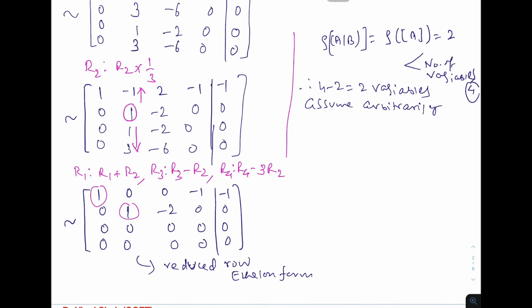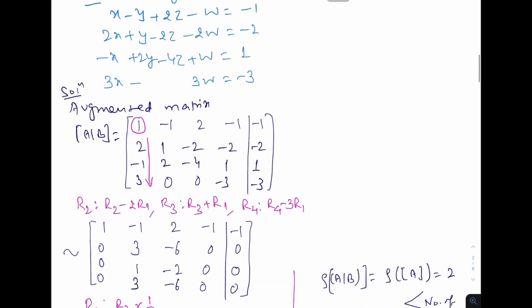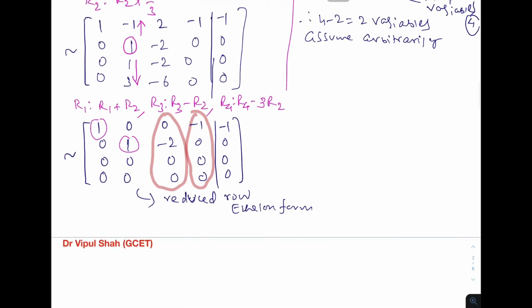Okay, so there are no leading ones in third and fourth column. That means we need to assume, say, third and fourth, so Z and W. So we need to assume this Z equal to some S, and we need to assume W equal to, say, T.